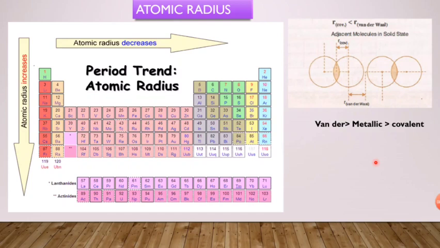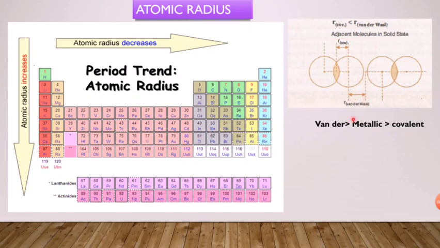Waals radius. Covalent radius: we consider a metal lattice and two atoms, and half of the internuclear distance between the two atoms is called R covalent. You can clearly understand this from the figure.